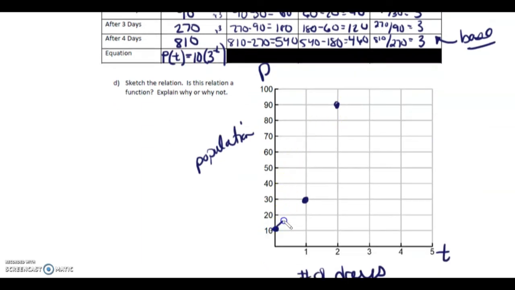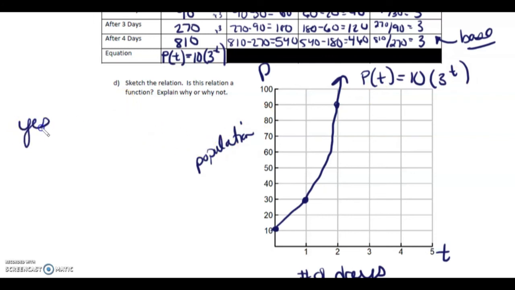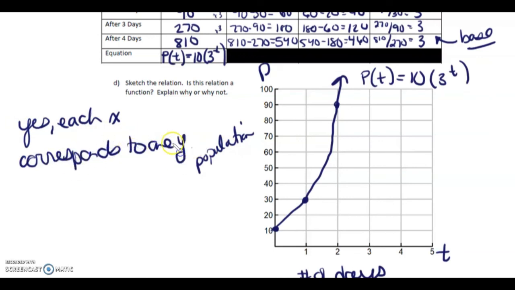That's off the chart, that's okay. And we're going to label this P at t equals 10 times 3 to the t. Is this relation a function? Yes. Each x corresponds to 1 y, and it also passes the vertical line test.